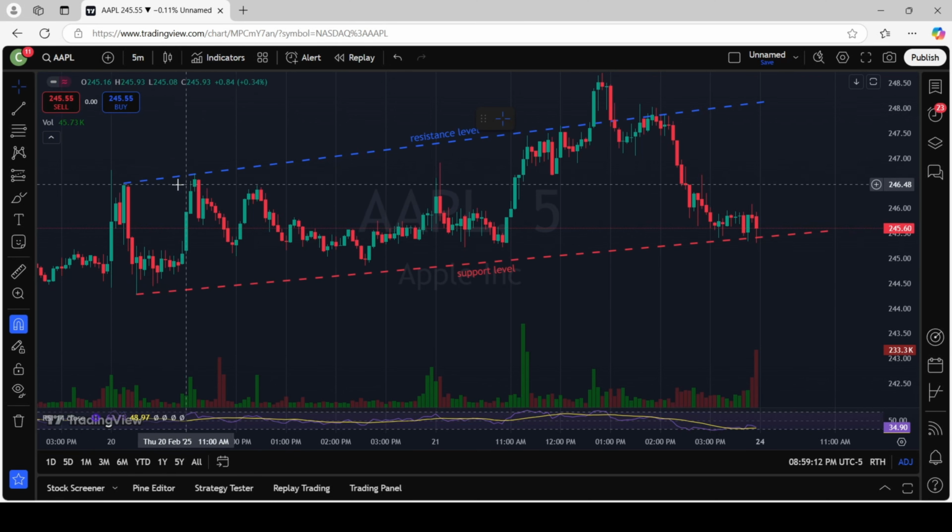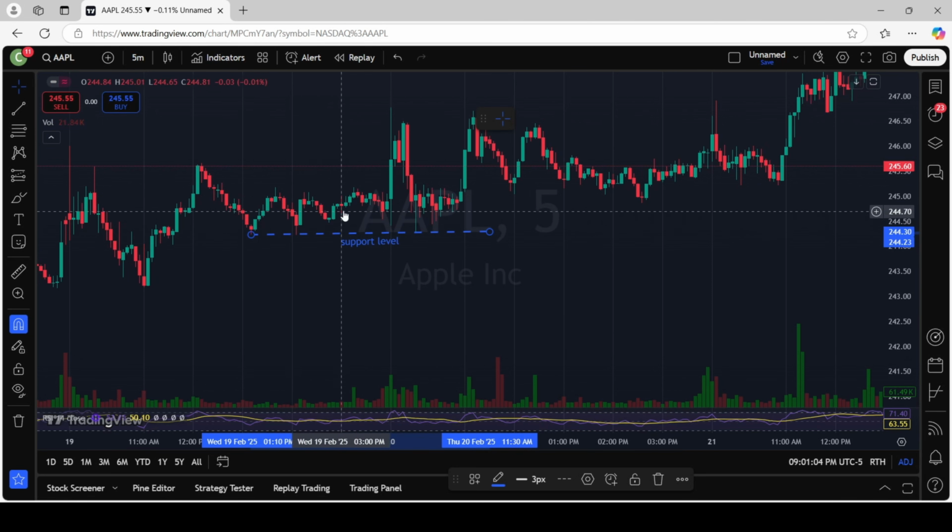So if we didn't get an entry right here, we can wait. And that's what trading is about. It's mostly about waiting. It's waiting for the perfect setup, instead of just getting it here, because you missed the entry right here. Instead, we wait until it comes back to this support level, or we just miss out and wait for the next setup.